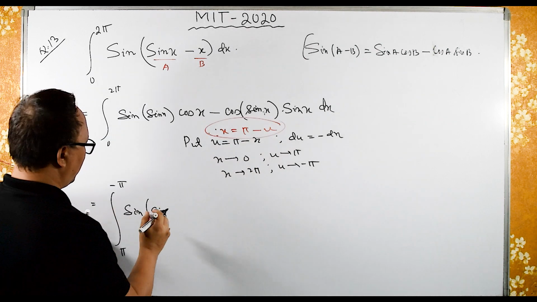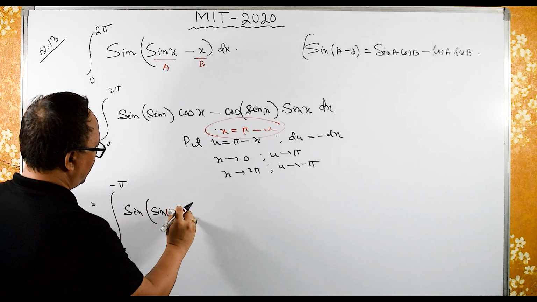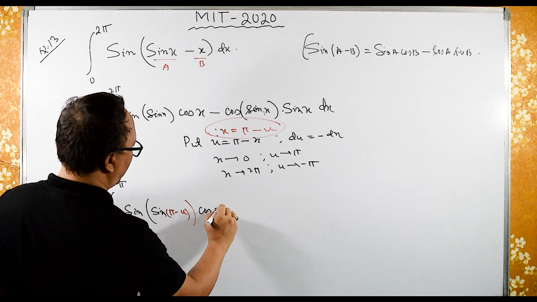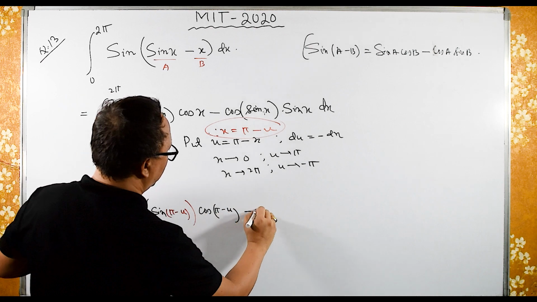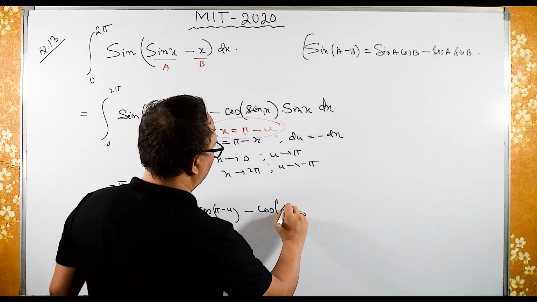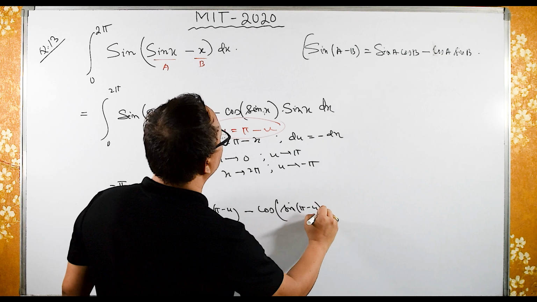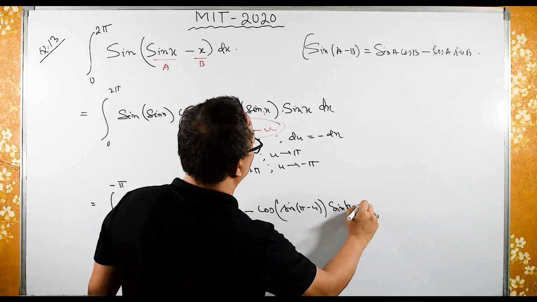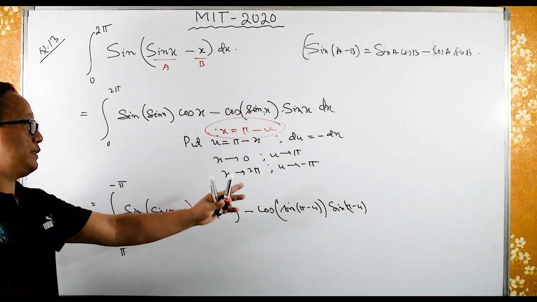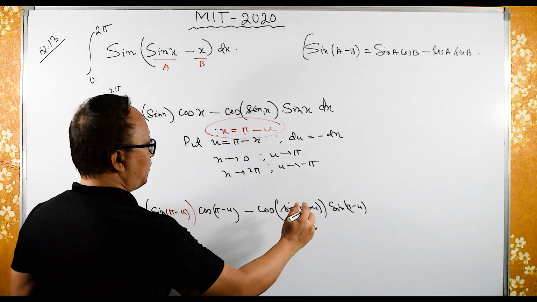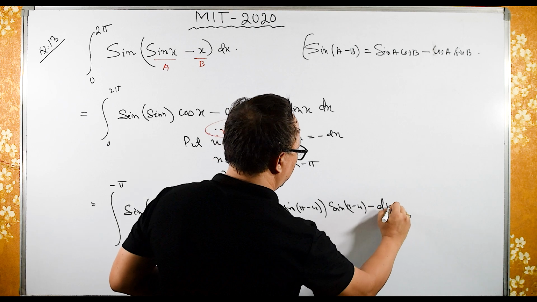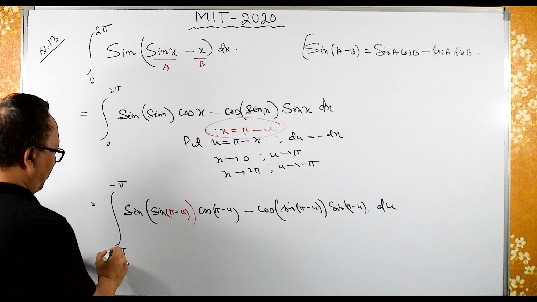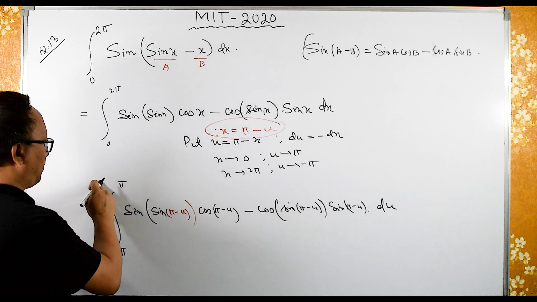So this is sine of pi minus u, and then cos of pi minus u, minus cos of sine of pi minus u, and then sine of pi minus u. And what is dx? dx is minus du. This minus I will absorb by changing the limits from minus pi to pi.